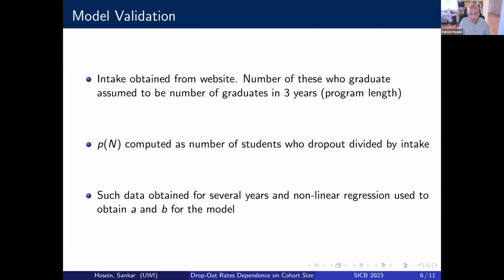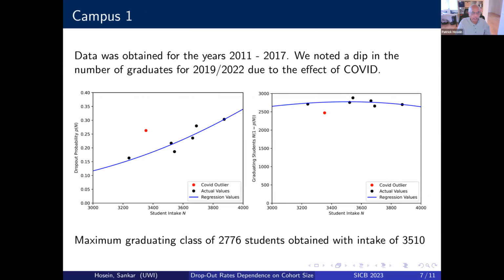The P of n was then computed as a function of the number of students who dropped out, divided by the intake, right? So that's the probability of somebody dropping out. And this was obtained over several years, and then we did nonlinear regression to obtain the parameters A and B. And so this is what we got.